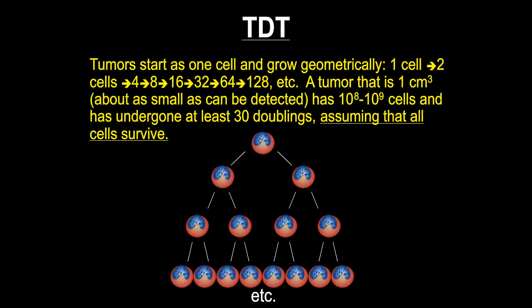So basically, I've illustrated it here, and I'll go through this quickly. Tumors start as a single cell, and it grows geometrically, 1 to 2 to 4 to 8 to 16, and so forth and so on.